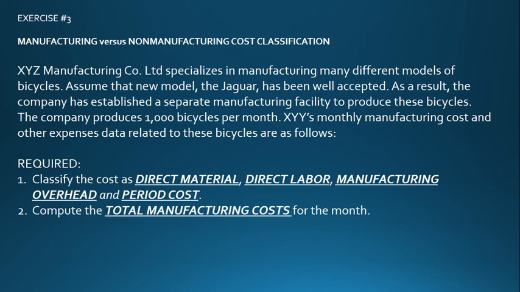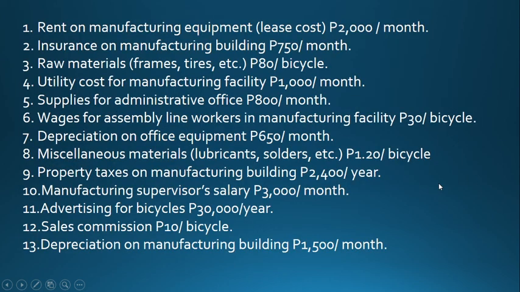As a result, the company has established a separate manufacturing facility to produce these bicycles. The company produces 1,000 bicycles per month. XYZ's monthly manufacturing cost and other expenses data related to these bicycles are as follows.